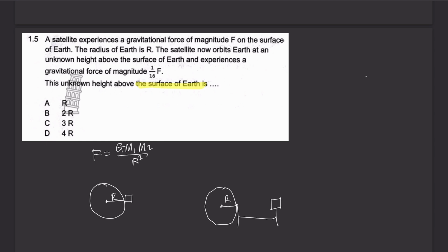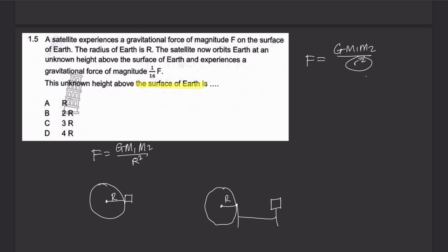So they tell us now that the force is 1 over 16. So how we can do this, we can say F equals G M1 M2 over R squared. Now, since the objects are staying the same, the Earth is the same, the satellite is the same, the change in this force had to have come from the change in the height.